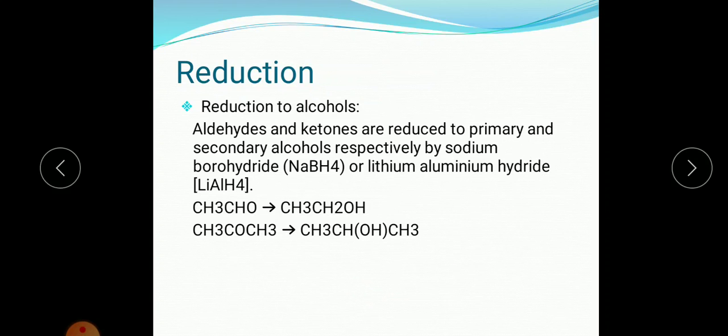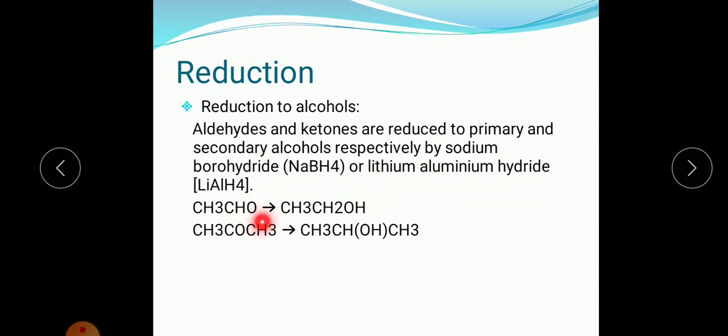Next, reduction. What will happen if you reduce aldehydes and ketones? When aldehydes are reduced, they form primary alcohols, and when ketones are reduced, they form secondary alcohols. So aldehydes and ketones are reduced to primary and secondary alcohols respectively by sodium borohydride or lithium aluminium hydride. These are the reducing agents.